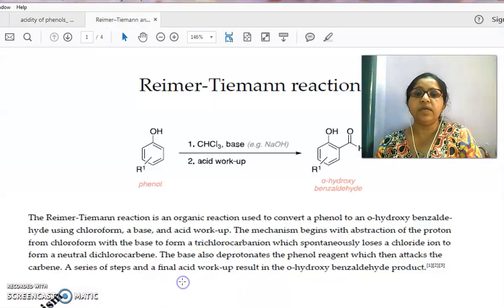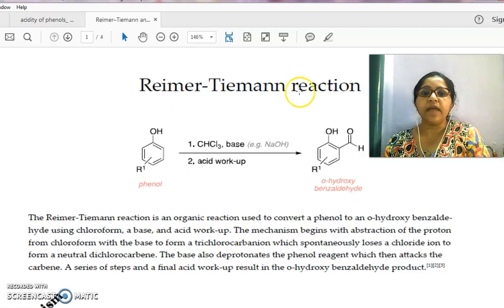Let us go to the first one. What do you see here? It's a Reimer-Tiemann reaction. So first thing, we have taken phenol here. It can be a substituted phenol, where it can be a methyl group in any of these positions. Now the reaction is happening like that, the product is what?